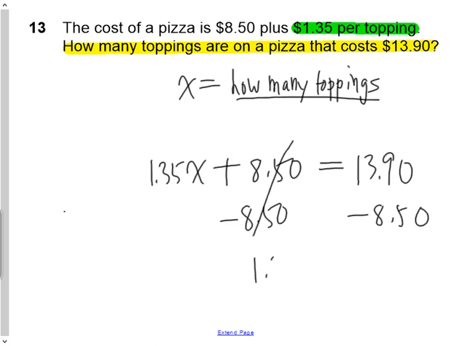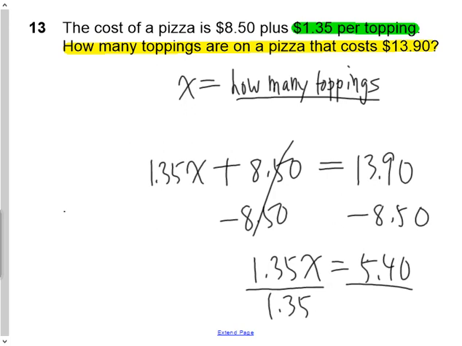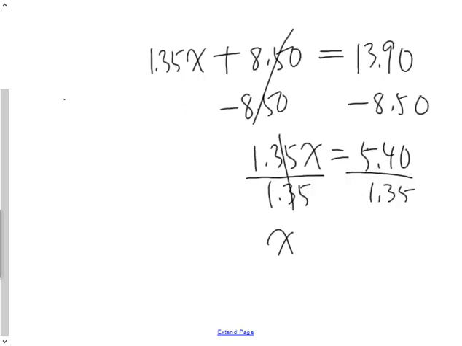That's going to leave me with however many toppings I actually bought, and that's $5.40. Now that we have that, divide both sides by the cost of a topping, and you will isolate for x, telling you that x equals 4.